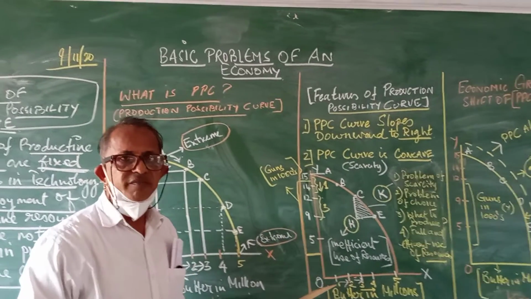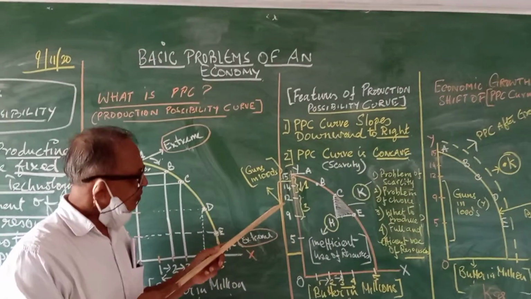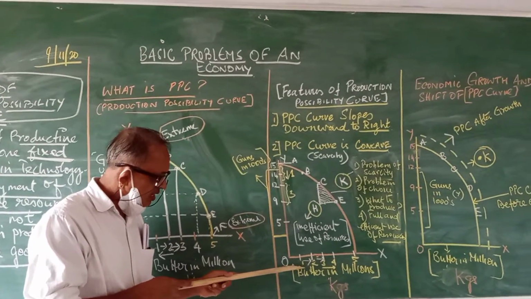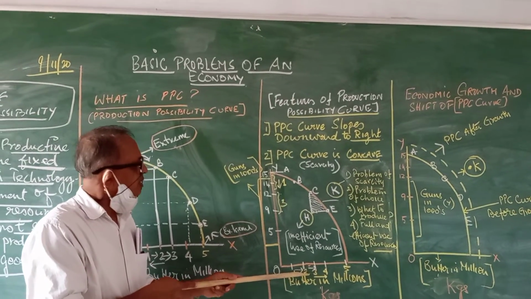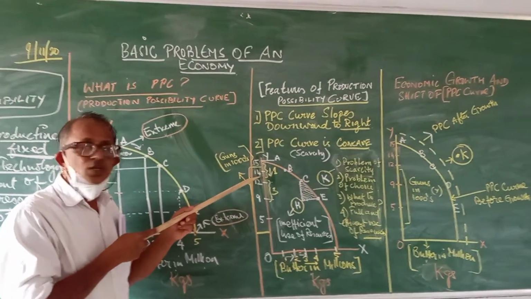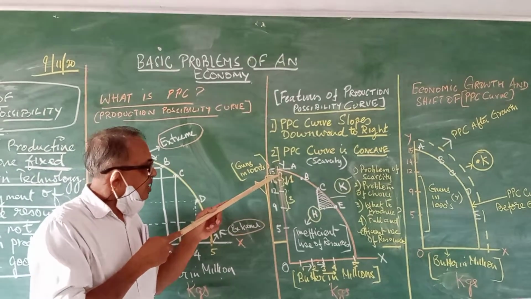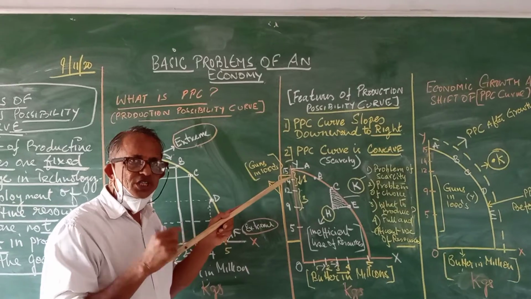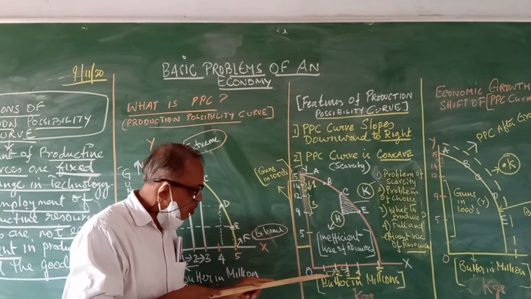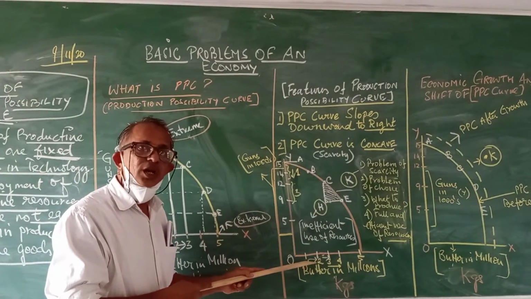Now, what does the concavity of the production possibility curve indicate? It indicates that if we want to increase the production of butter from 1 million kg to 2 million kgs, then we will have to reduce the production of guns from 15,000 to 14,000. The most important point here is that the cost involved in manufacturing those 1,000 guns is being transferred to increase the butter production by one more extra unit.